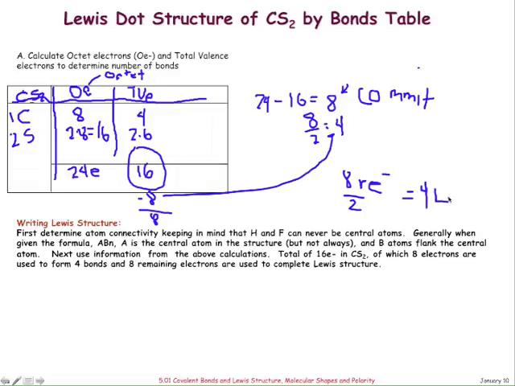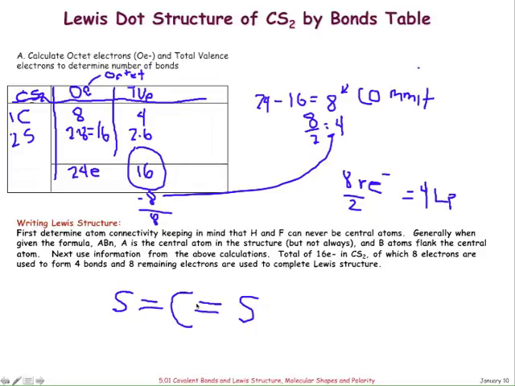So what does the Lewis structure look like for this particular chemical? Well, we know carbon is the central atom and sulfur are the flanking atoms. We know there are 4 bonds, so we just draw 1, 2, 3, 4. It doesn't matter where you put them or where you start. There are my 4 bonds, those are my 8 electrons. We know we have 8 remaining electrons, and we need to satisfy the octet rule.